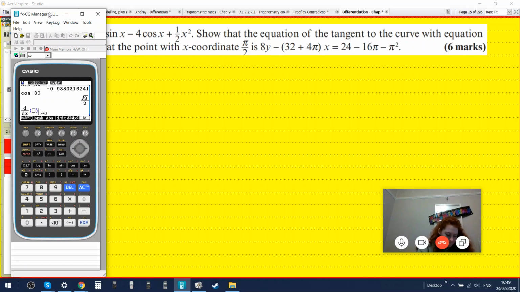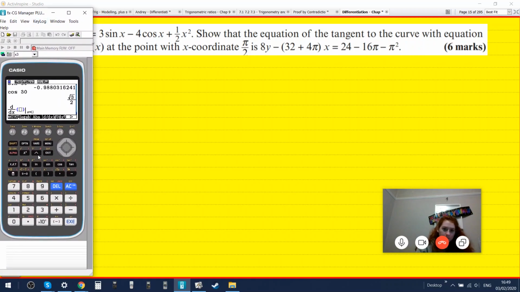Okay, yeah. And so 3 sine x, so 3 sine, and then just use the x on the left above the fraction button. Minus 4 cos x plus 1 over 2, press right, x squared.